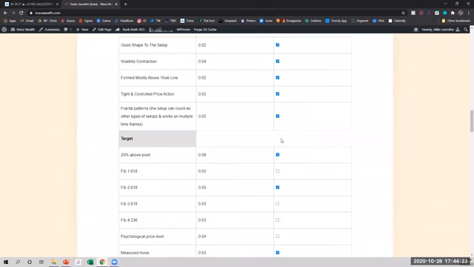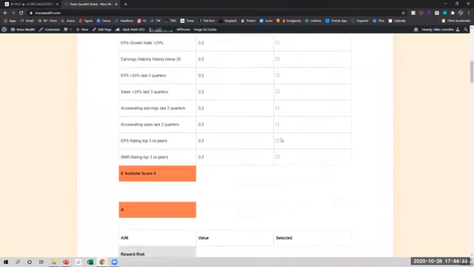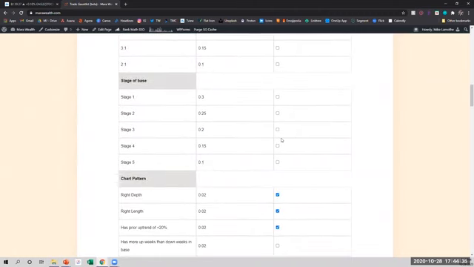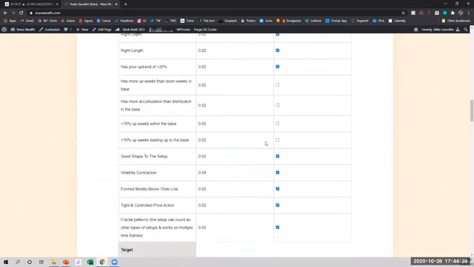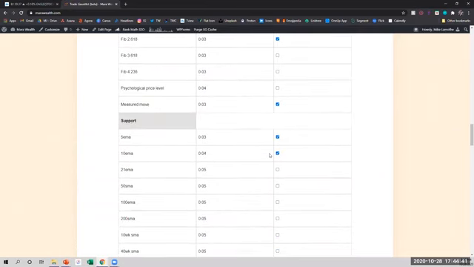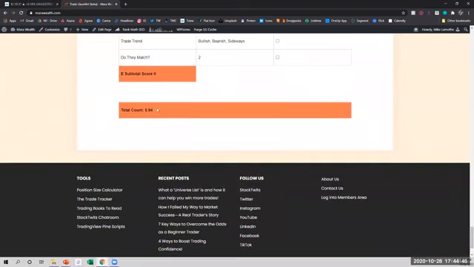Which is why, when you build your own checklist, if you're an elite member, you should be using this. It has values on all the different criteria to go through and check, and you would be looking at the overall score.